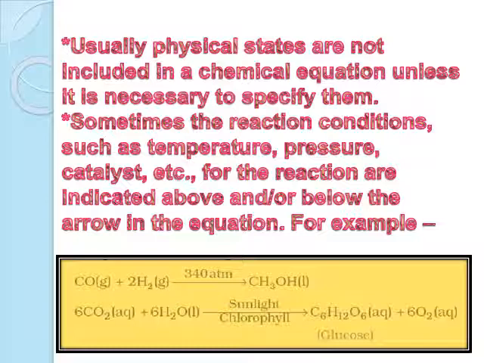Carbon monoxide combined with hydrogen requires 340 atmospheric pressure to form methanol or methyl hydroxide. Next, carbon dioxide reacts with water. This is the equation for photosynthesis. In the presence of sunlight and chlorophyll, it produces sugar or glucose molecule along with the byproduct oxygen.